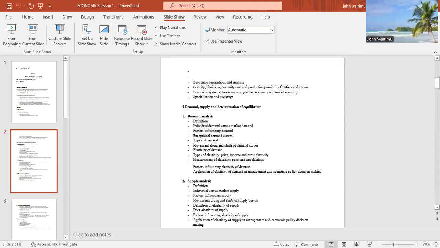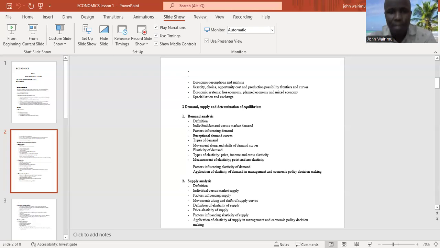We shall move on to the next topic, and on this topic, we shall look at demand and supply and the determination of equilibrium. Meaning, first of all, we need to understand what demand is. We shall do what we call demand analysis.